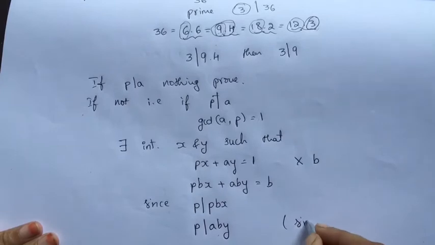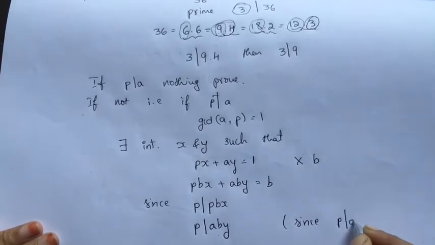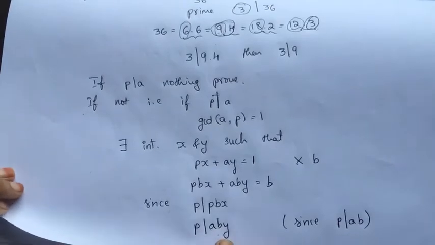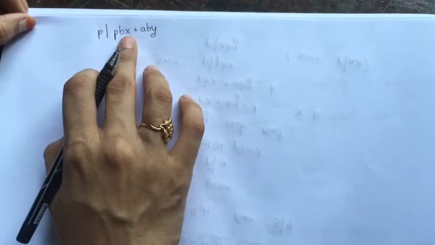It is because p divides ab, as already mentioned. So p divides pbx and p divides aby, so it should divide the addition of these two terms. So p also divides pbx plus aby. What is pbx plus aby? It's nothing but b. Hence the proof.